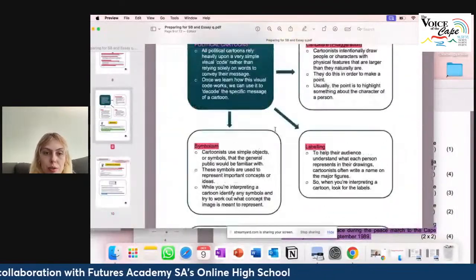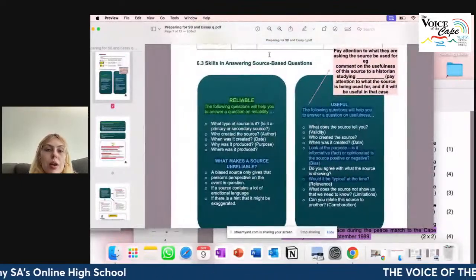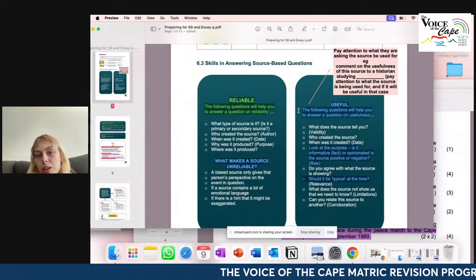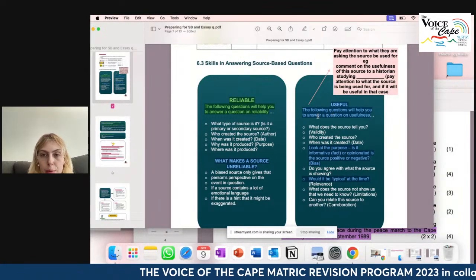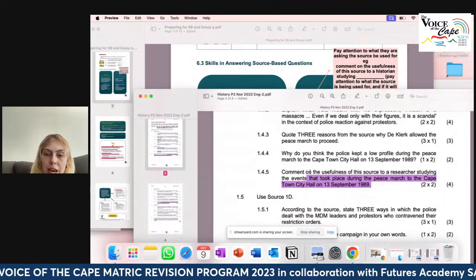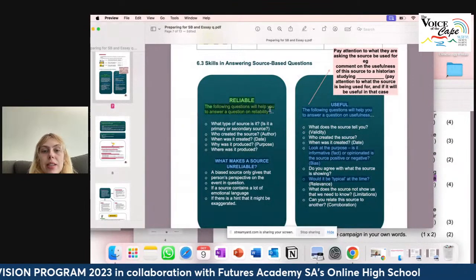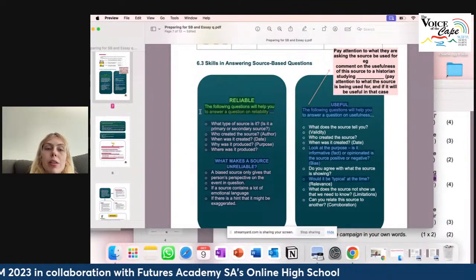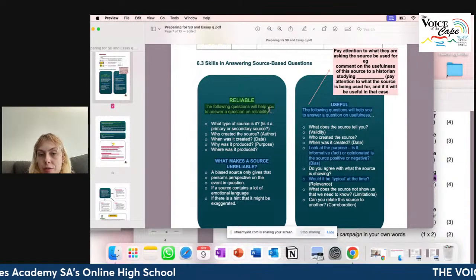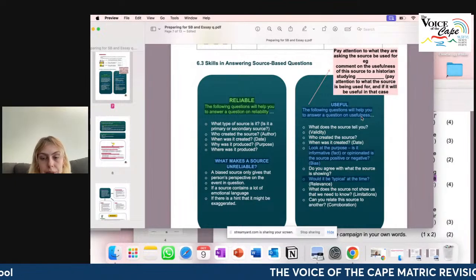So you need to note that they ask for two different things. If a source is useful, it asks you, can the historian use it? Will they be able to get a lot of information out of it on what they're studying, in this case, the events that took place? Reliable is, can we rely on the information in the source as evidence? Can we believe what is written there? Where useful is, can we use what is written there?